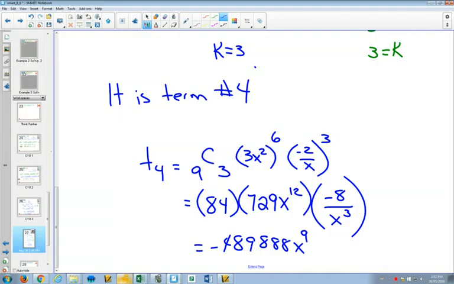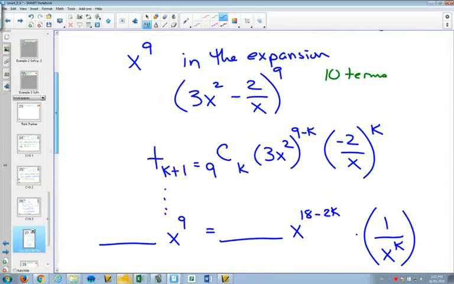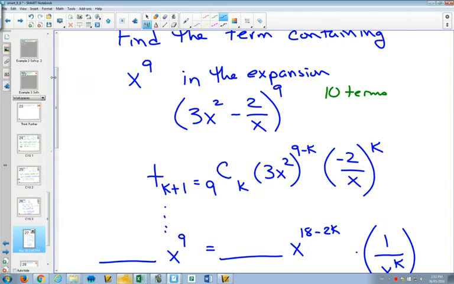And we found the term containing x to the 9. So these questions that find a specific term are more complicated, especially when there is an x in both of these.